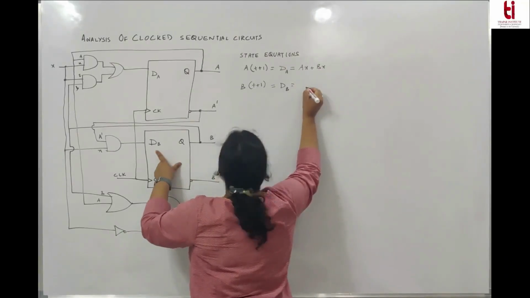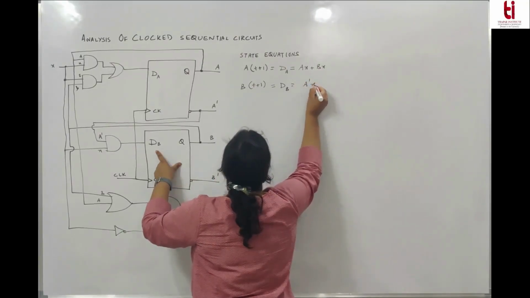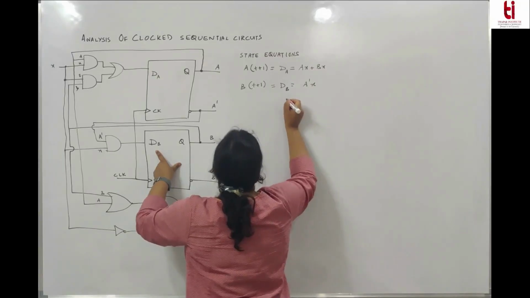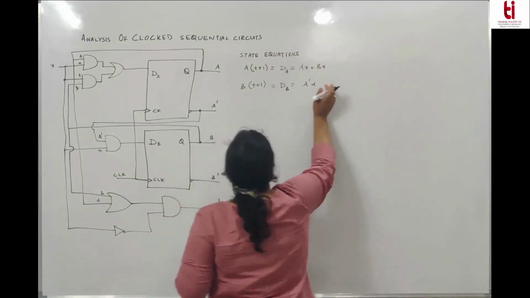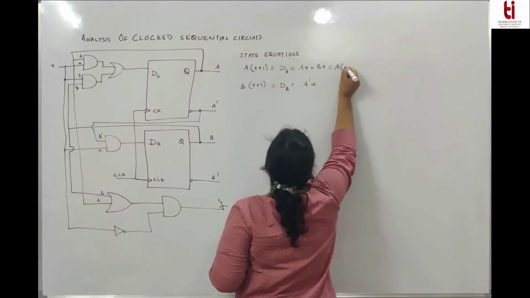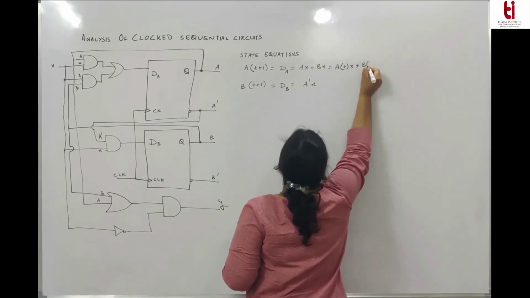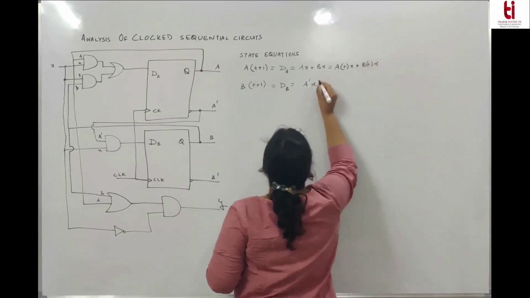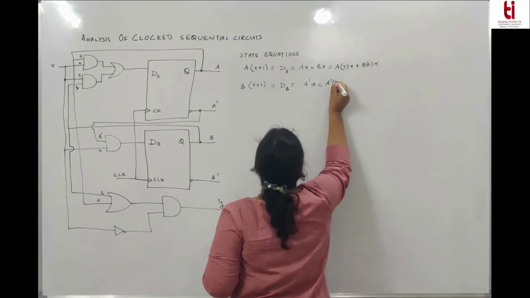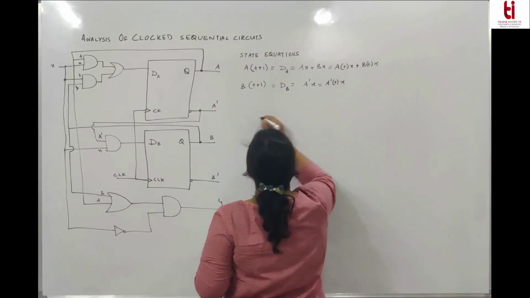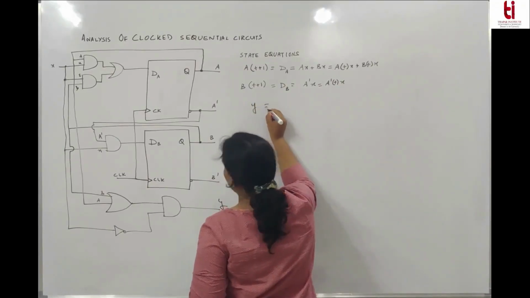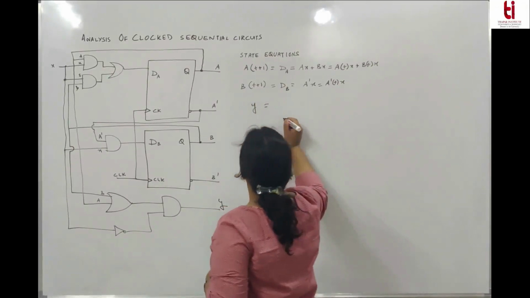What is DB? It is X. Or one way of writing it is A, present state of A into X, plus present state of B into X. This is present state of A bar into X. And what is Y? Y is the output. X is the input, Y is the output.